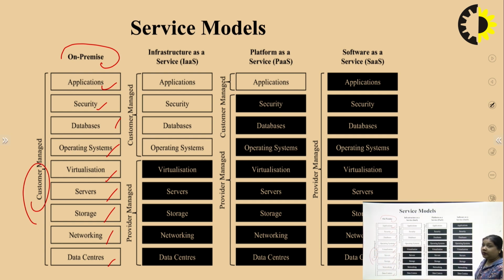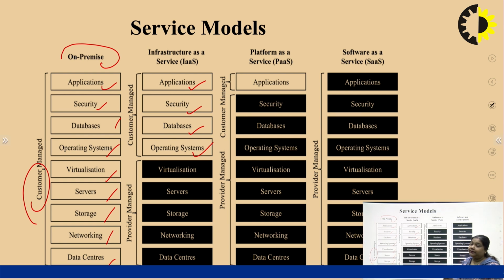And if you're talking about infrastructure as a service, that is IaaS, in this the applications, security, database and operating systems, that are the front end and back end services, are managed by the customer. But all the storage and the processing part is handled by the provider.